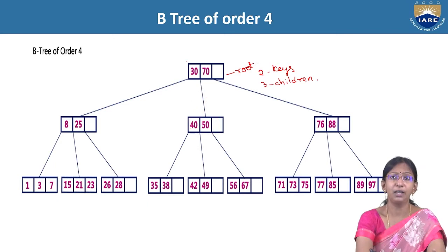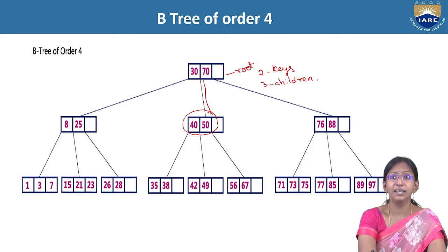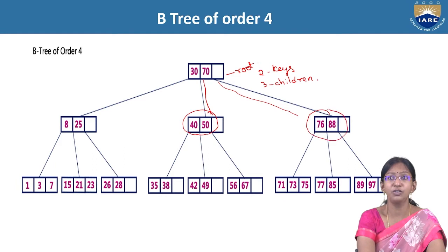Coming to the key value 70, its left child has values 40 and 50, which are less than 70, and its right children are 76 and 88, which are greater than 70.